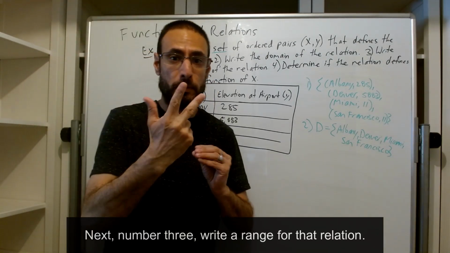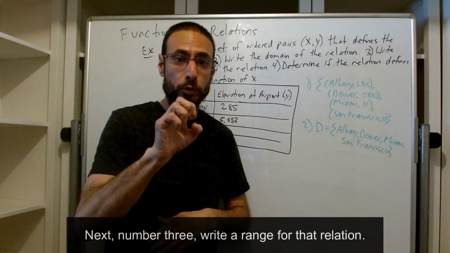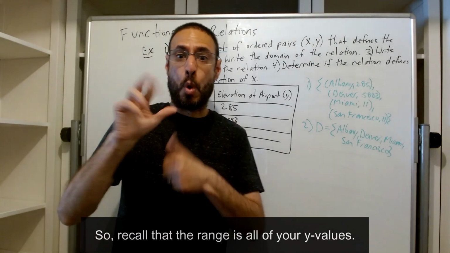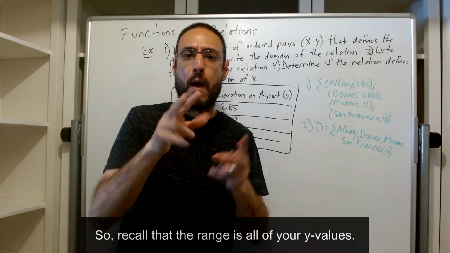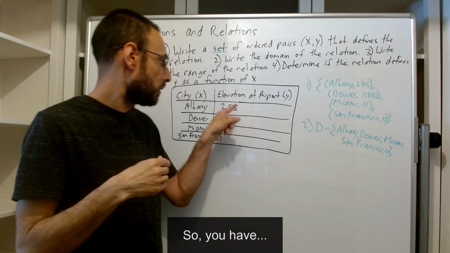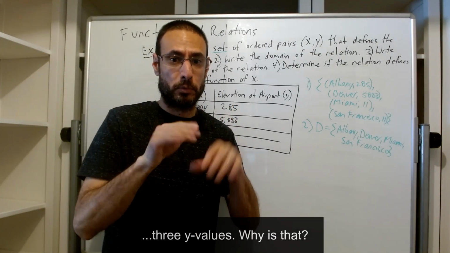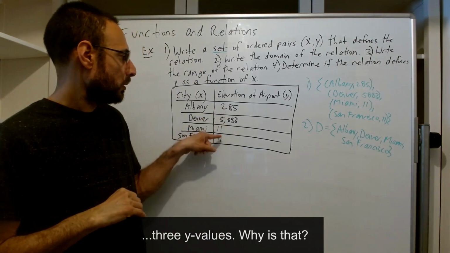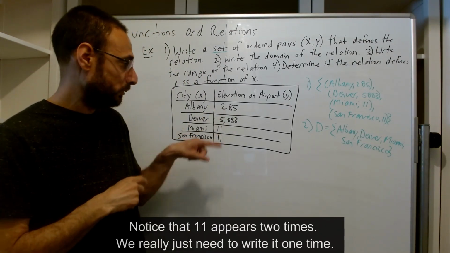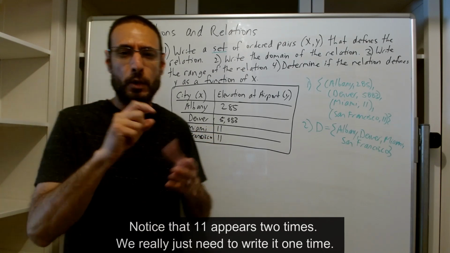Next, number 3, write a range for that relation. So, recall that the range is all of your y values. So, you have 3 y values. Why is that? Notice that 11 appears 2 times. We really just need to write it 1 time.